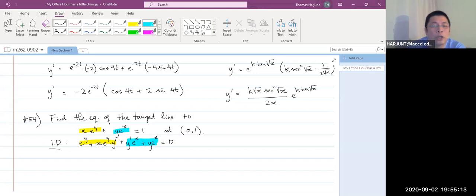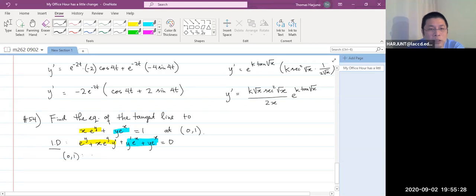Now, we know that when x equals 0, y is 1. So at (0, 1), this will be e to the 1 plus 0 plus y prime e to the 0, which is 1, plus y is 1, e to the 0 is 1.